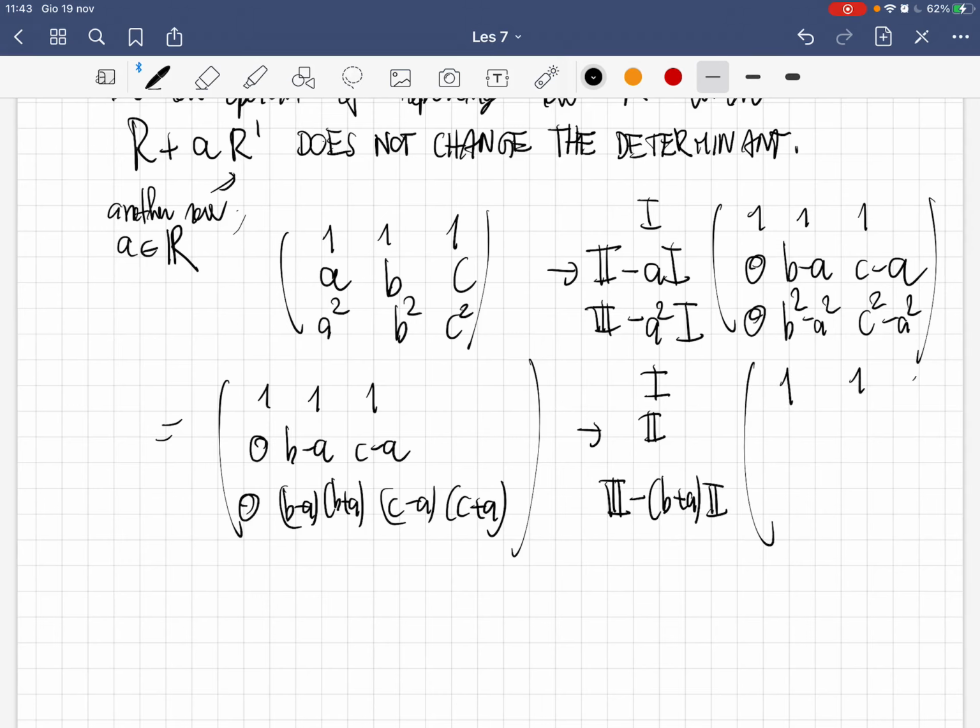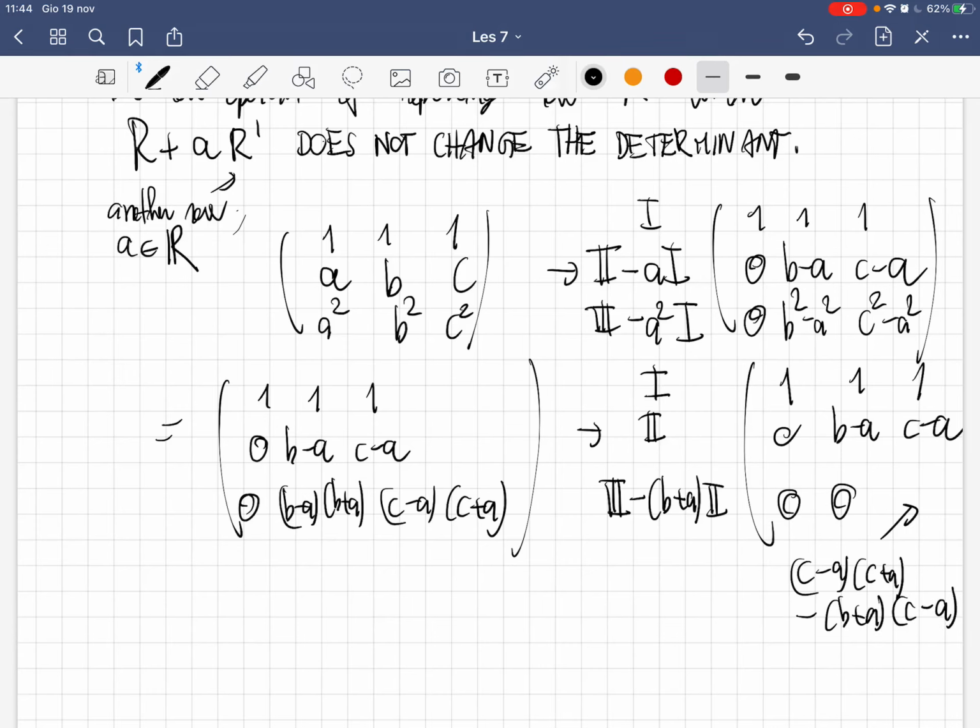So what happens? 1, 1, 1, 0, B minus A, C minus A. Then here it's 0, again 0, and here it's something like C minus A, C plus A, minus B plus A times C minus A. Very good.